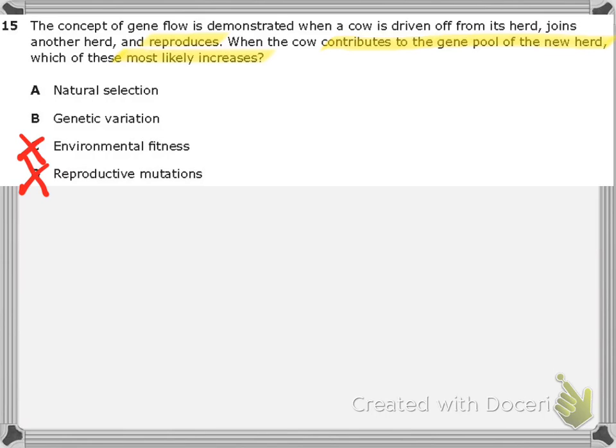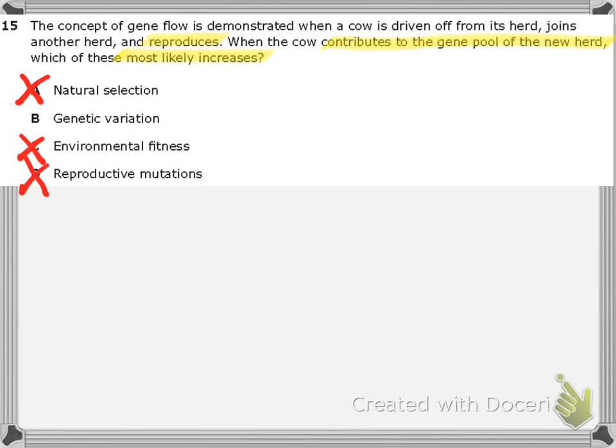Let's look at A, natural selection. So what is natural selection? We're going to eliminate that one already. Natural selection is nature selecting the one that has better fitness in its environment to reproduce. Like the faster cheetah gets its food, therefore it's going to reproduce. Well, remember what the question says.